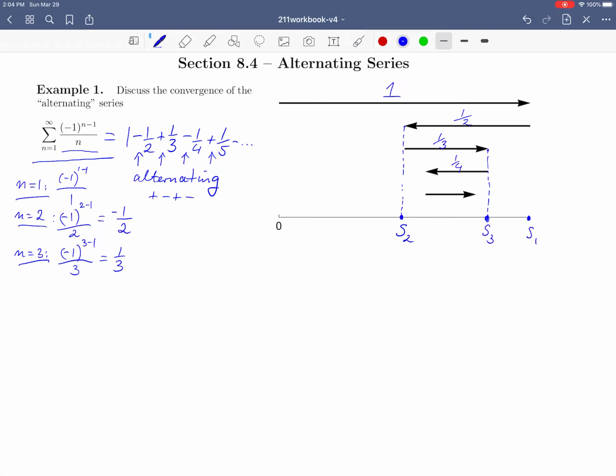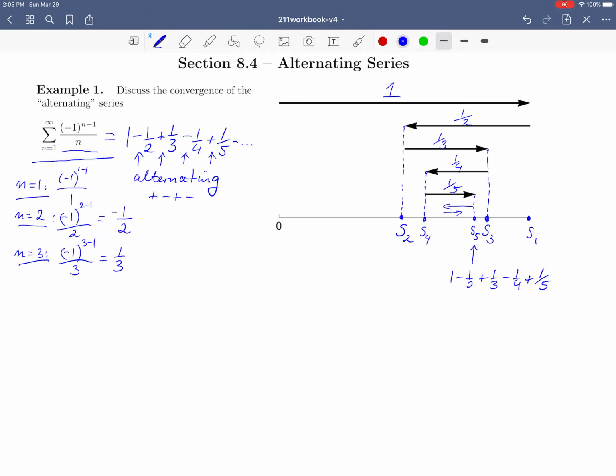Next, we are adding 1/3, and so we can see what the third partial sum is. Then we are subtracting 1/4, and we can see what that partial sum is. Finally, in our picture, we are adding 1/5, and so here we have S5, the fifth partial sum. That would be 1 minus 1/2 plus 1/3 minus 1/4 plus 1/5.